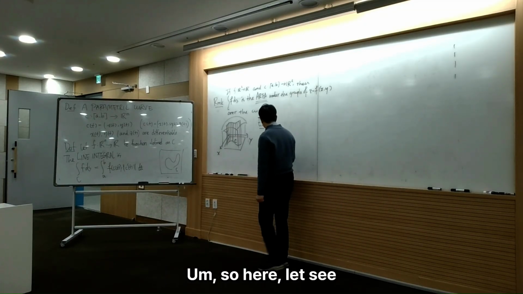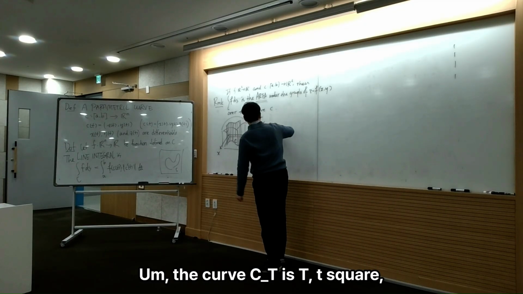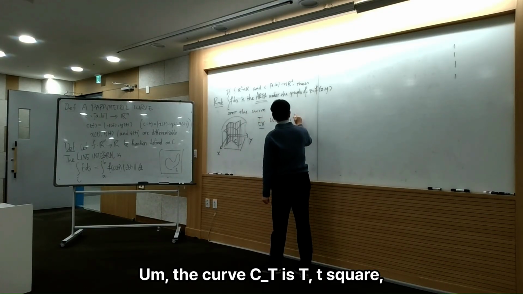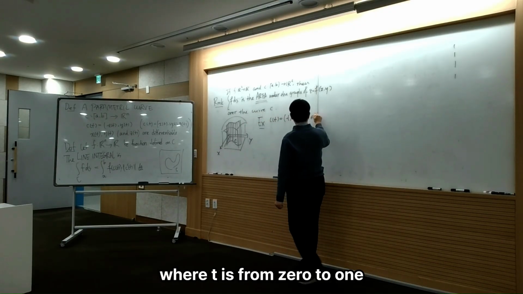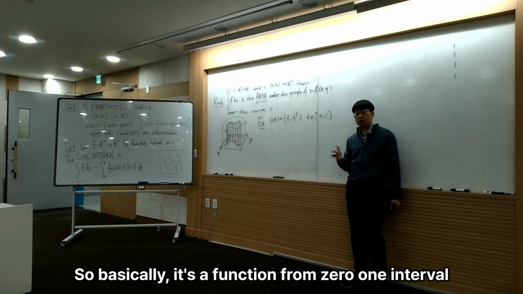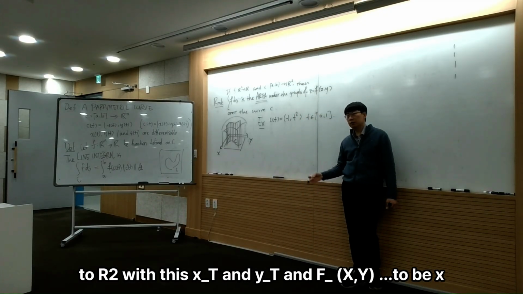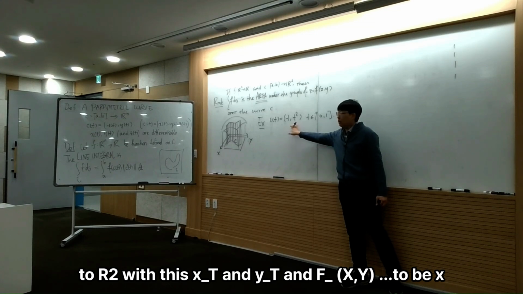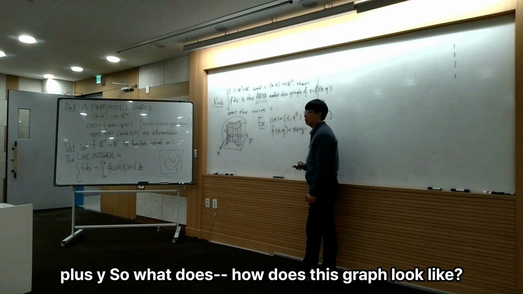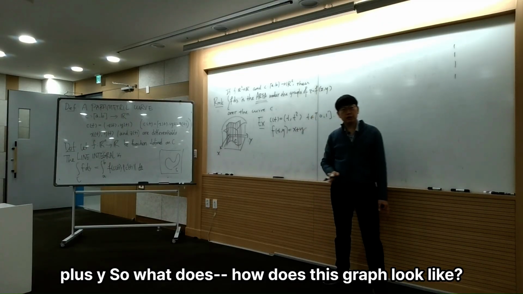So here, let's see, the curve c of t is (t, t squared), where t is from 0 to 1. So basically, it's a function from the interval [0, 1] to R2 with this x of t and y of t, and f of x, y to be x plus y. So how does this graph look?